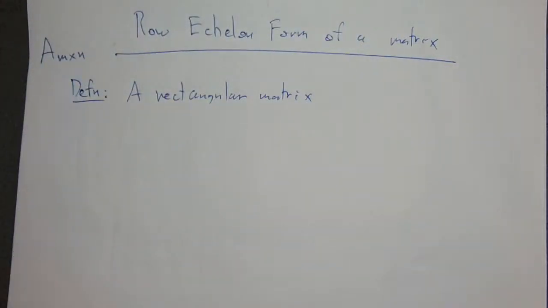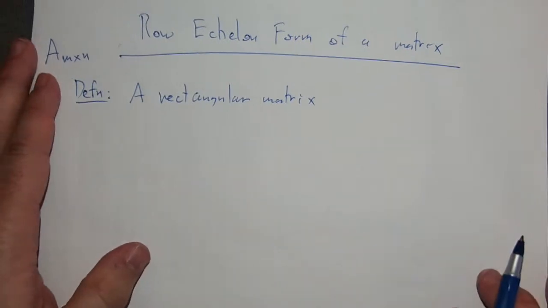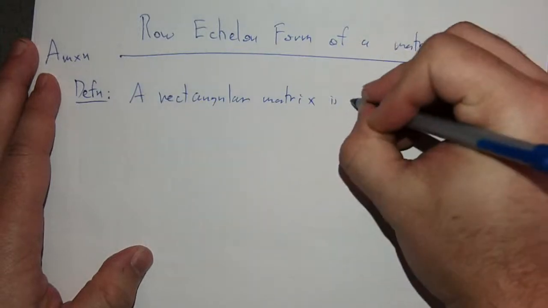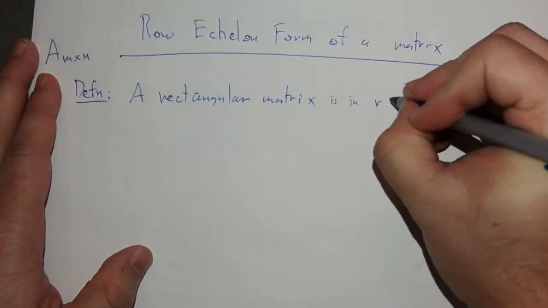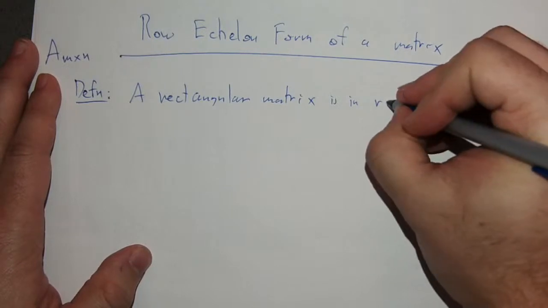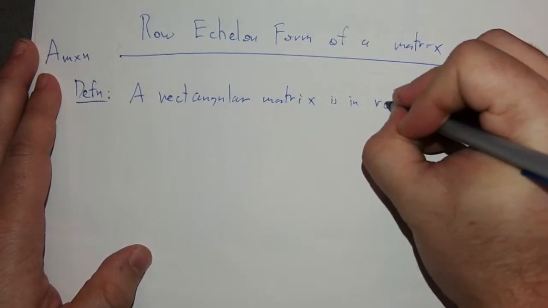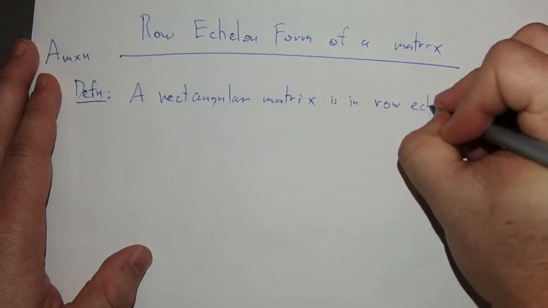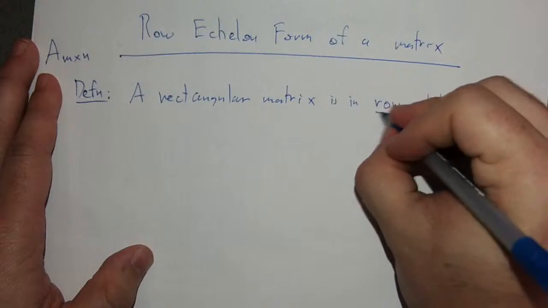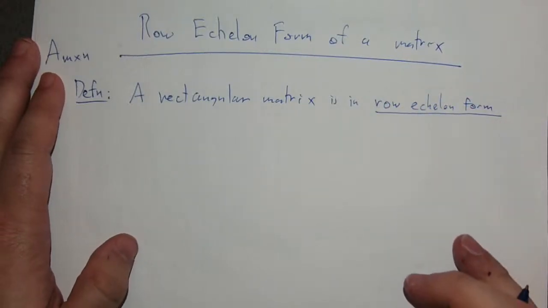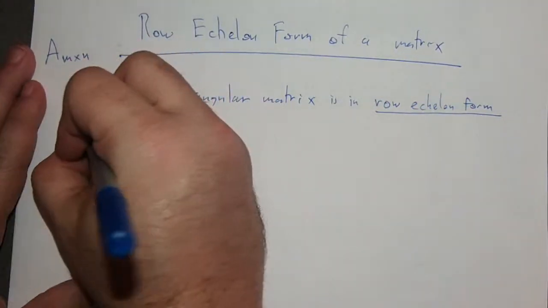A rectangular matrix is in, the book calls this echelon form, but I'm going to call it row echelon form because of the command RREF. So this is in row echelon form if it has the following three properties.